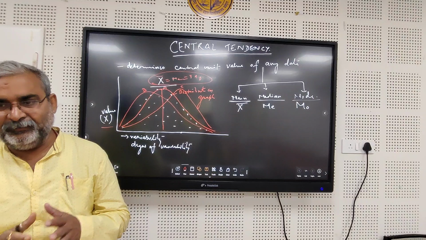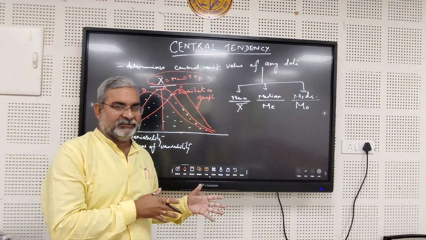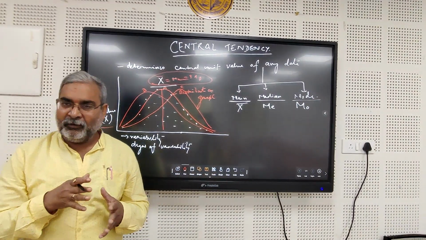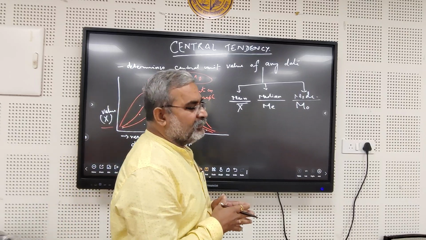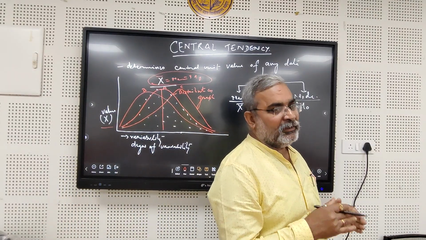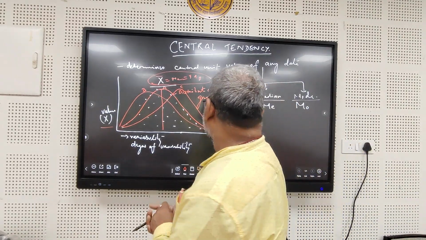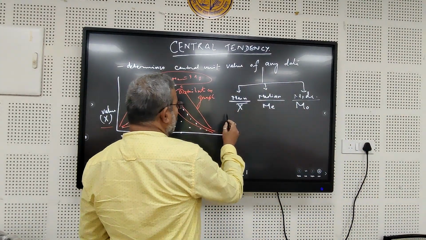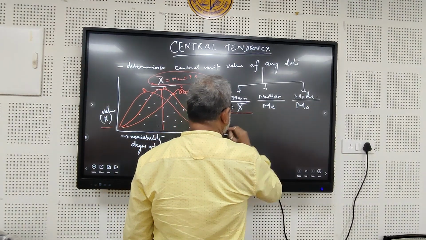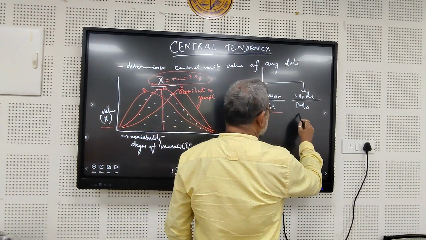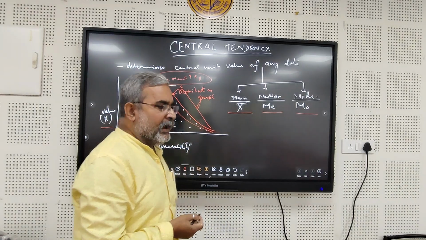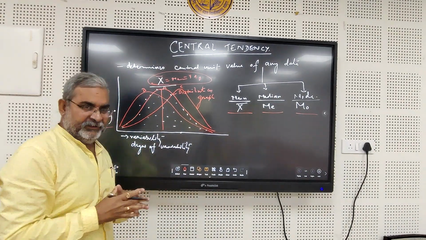It is significant for the descriptive part of statistics, but it is also most useful for the further statistical analysis of your data. So we observe the mean, median and mode sequentially. At first, we observe the mean.